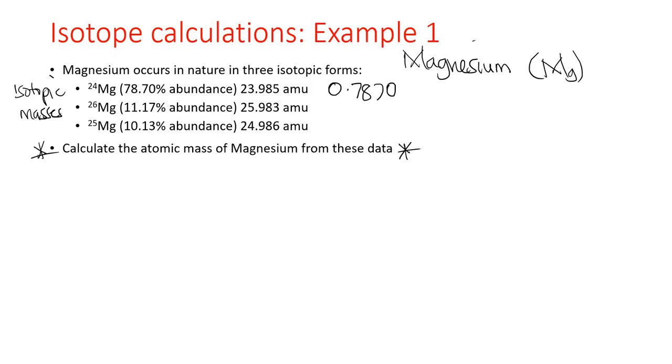So that is the percentage; now I've changed the percentage to a ratio, times the mass that I'm given here, 23.985. That is for magnesium 24. For magnesium 26, 0.1117.